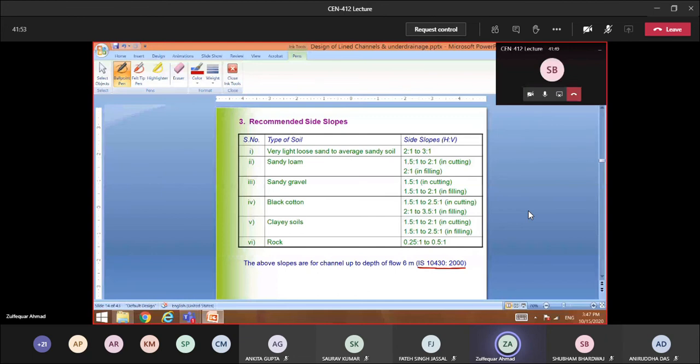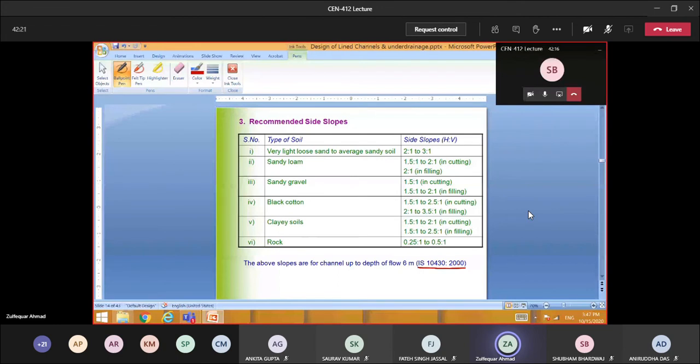But again, I want to tell you, if you feel the side slope may be unstable, then you have to check it using methods like the slice method to check whether the slope is stable or not.